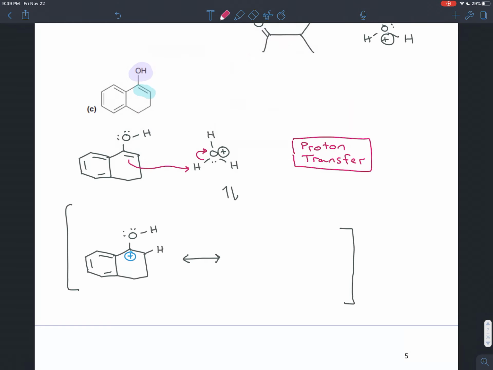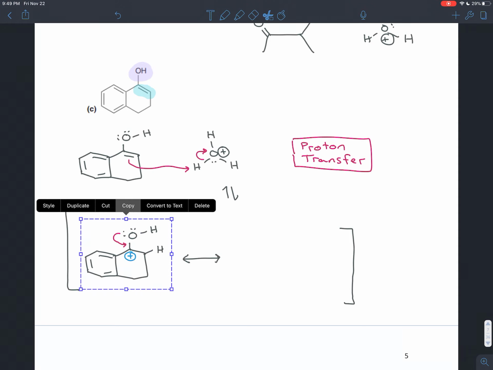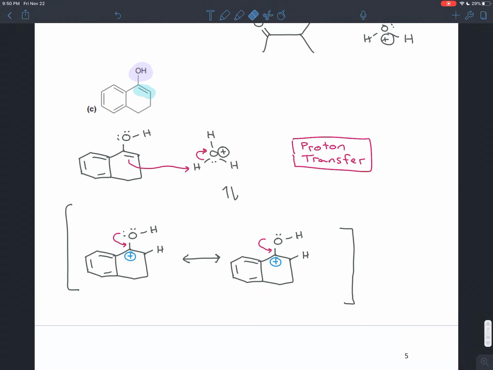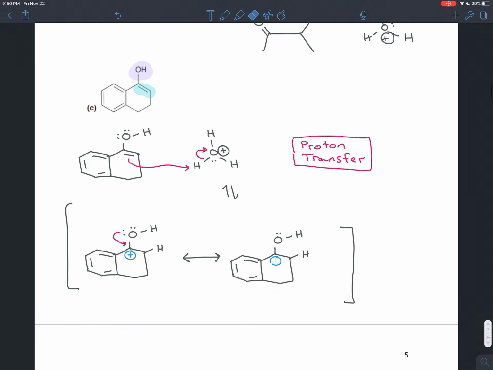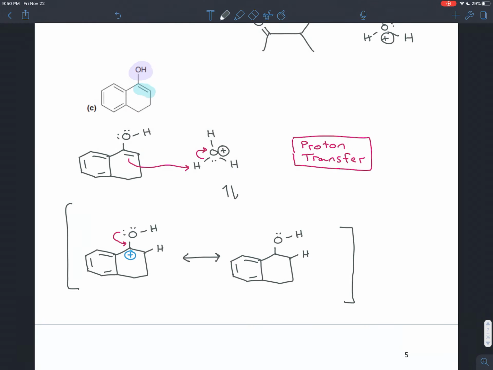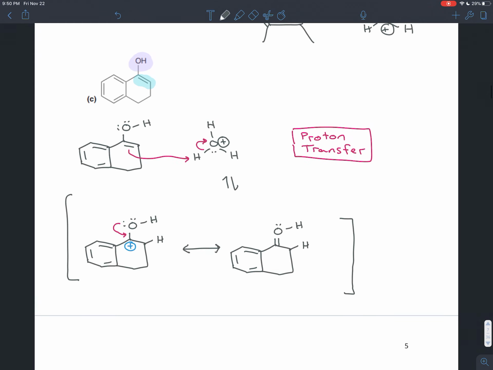Now, to predict the other resonance structure, you take the lone pairs and push them toward the positive charge to make a bond toward the positive charge. So, those dots, that lone pair goes to make a pi bond there.